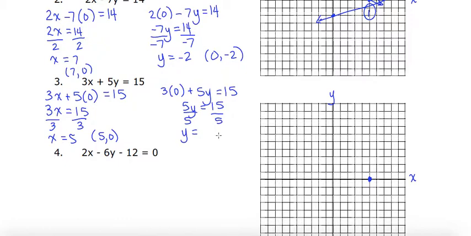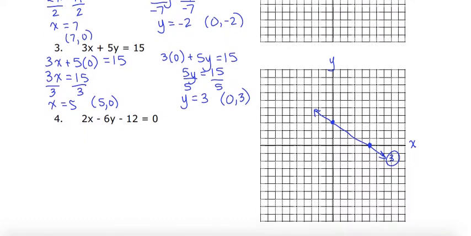And 15 divided by 5 is 3. The coordinate of our y-intercept is 0, 3. So we can go ahead and plot that point right there. And we're going to connect these dots using a straight line, drawing arrows to show that it continues forever in both directions. And I'm going to label this as 3.